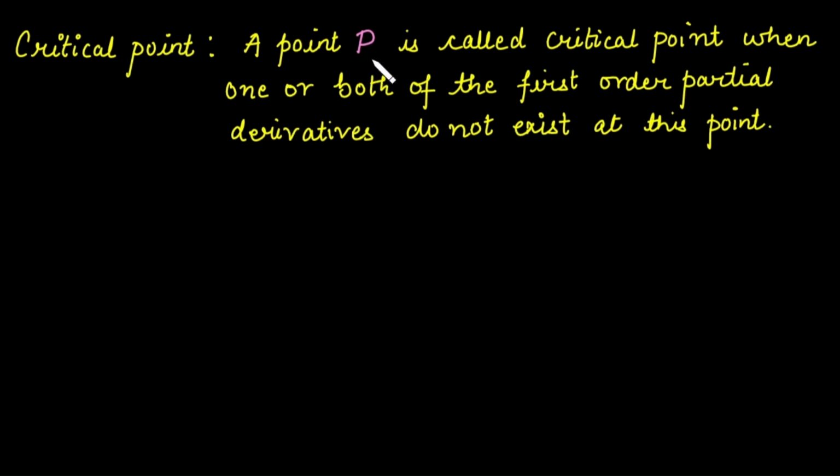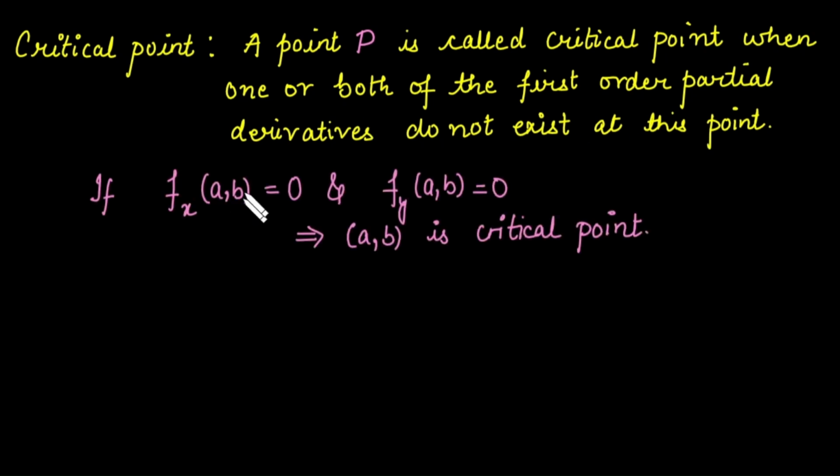It means a point P is called a critical point when one or both of the first order partial derivatives do not exist at that point. Also, a point (a, b) is called critical if the partial derivative of the function with respect to x is equal to 0 and the partial derivative of the function with respect to y is equal to 0.